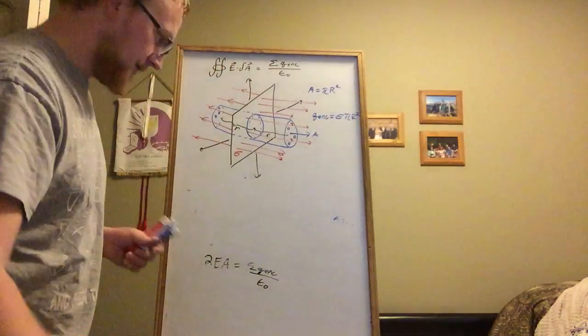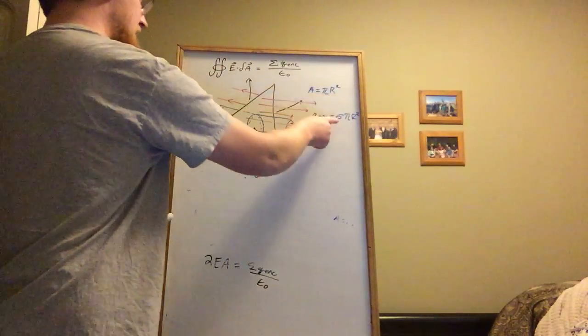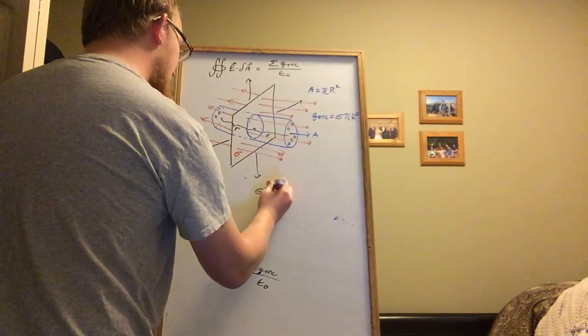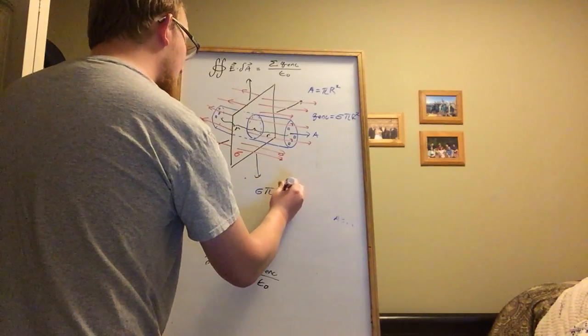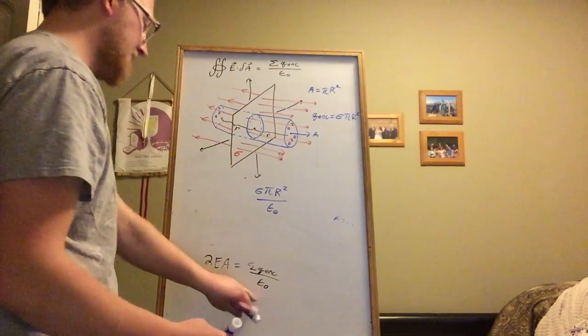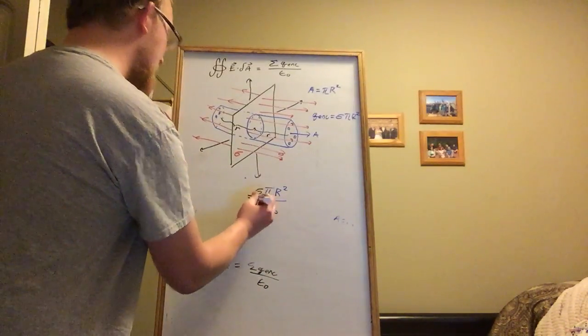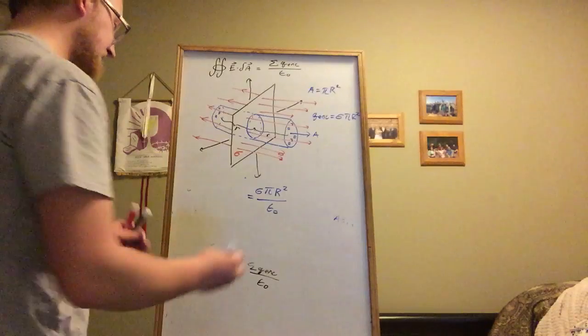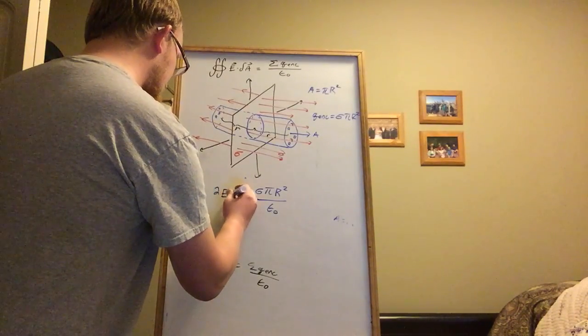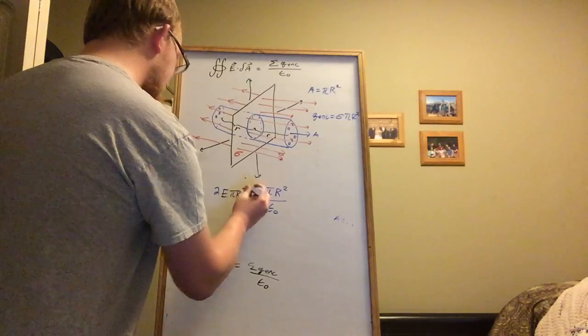Alright, so now we can plug in for Q enclosed. That's equivalent to pi big R squared times sigma, still divided by epsilon naught down here. And 2 times E times A is 2 times E, and the area is pi big R squared.